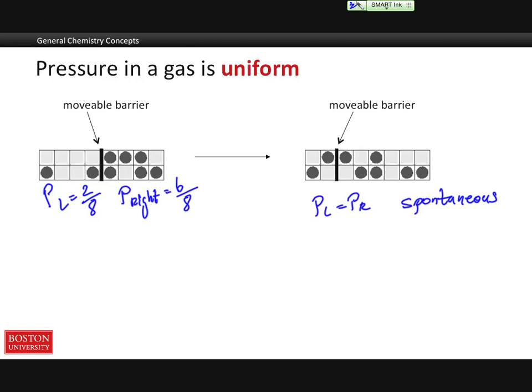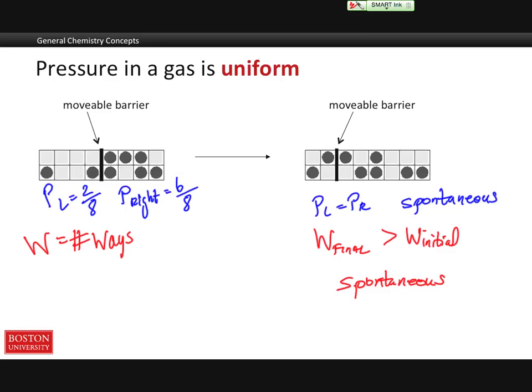Well, hopefully we'll see soon that if we were to calculate the total number of ways, which we'll call W, for the system at the start, and for the system at the end, the ways final will be greater than the ways initial. And when the number of ways the universe has to arrange itself increases, we call that a spontaneous change. So we'll see how to count those starting right now.